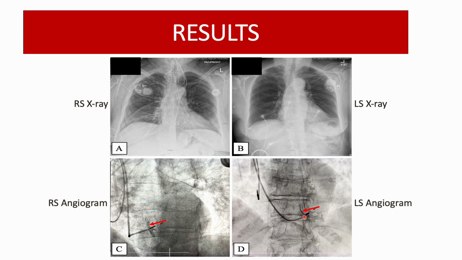When you take a closer look at the angiograms, you can't really tell what side the pacemaker is on, but what you can see is how deep the lead is. So the red arrow is pointing to the contrast that was injected, showing the septum, and this darker part of the lead here is showing how much of the lead is within the septum, and the same thing goes for here.